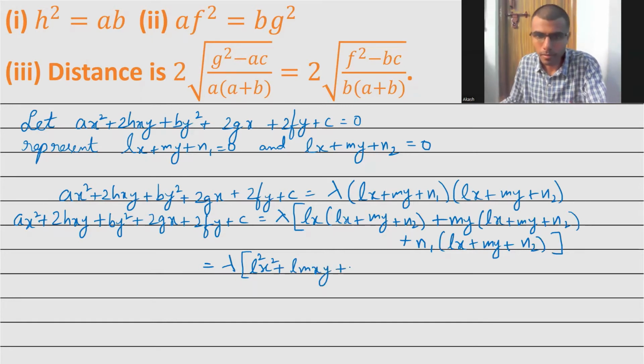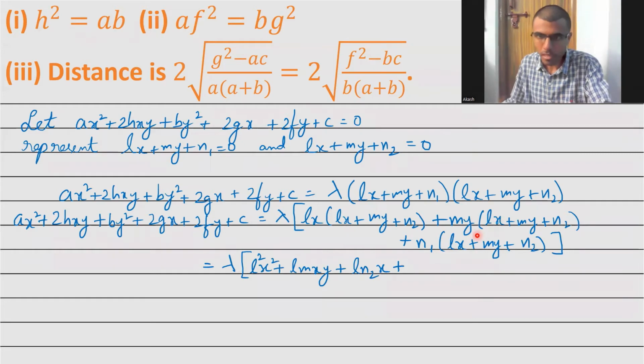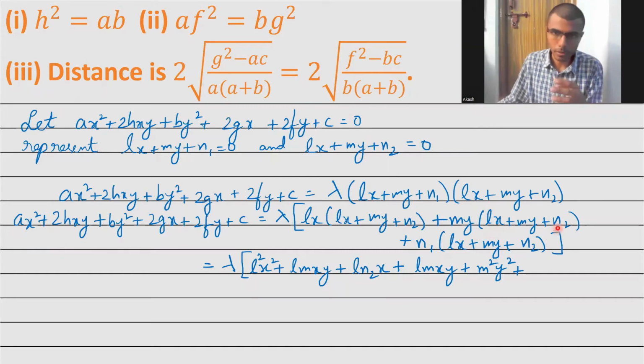Plus Lx into N2, so I'm making it as L N2 into x. Plus My into Lx would be nothing but Lmxy, plus My into My, M square y square, plus My into N2, so it's going to be M N2 y.